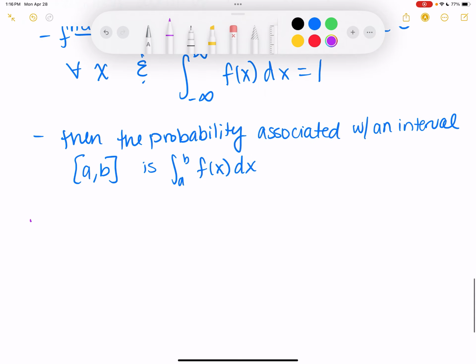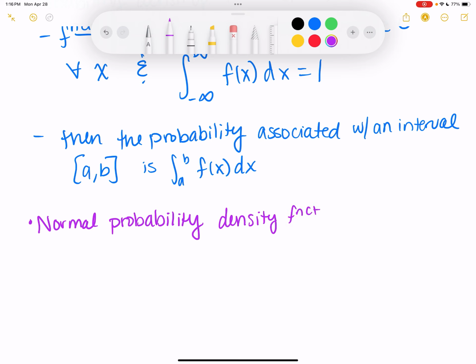Now the normal probability density function, meaning normal PDF, as we would have called it previously.